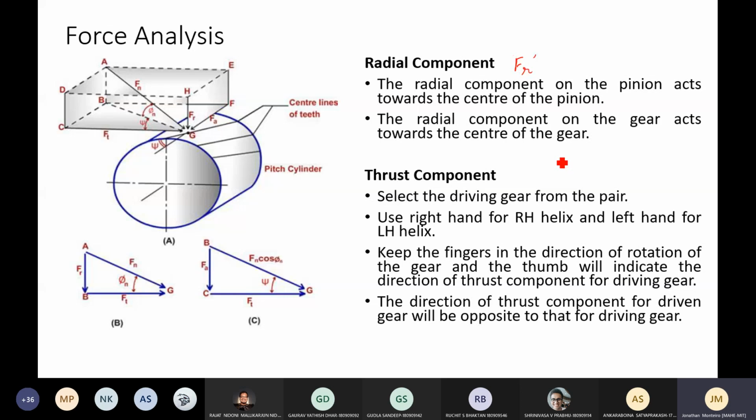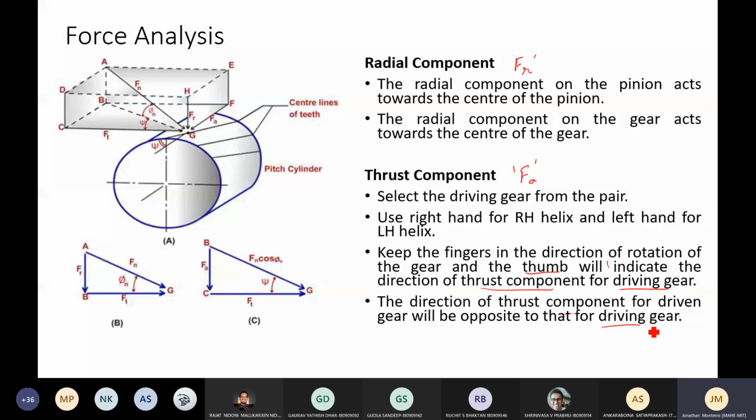And this is Fa, the thrust component. So select the driving gear from the pair. Use right hand for right hand helix and left hand for left hand helix. Thumb will indicate the direction of thrust component for driving gear. Direction of thrust component for driven gear will be opposite to that of driving gear.